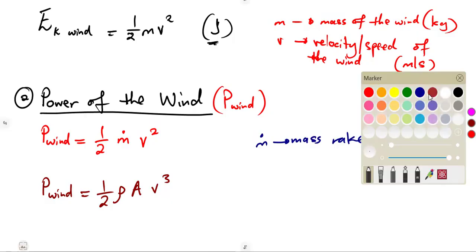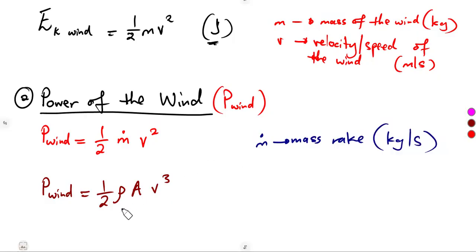So in this part here, the density, the area, and the velocity, as we can see, the velocity was to the exponent of 2 there.